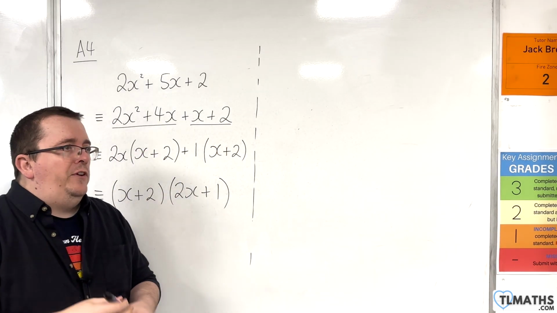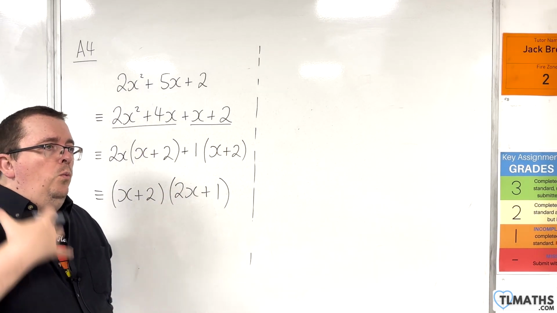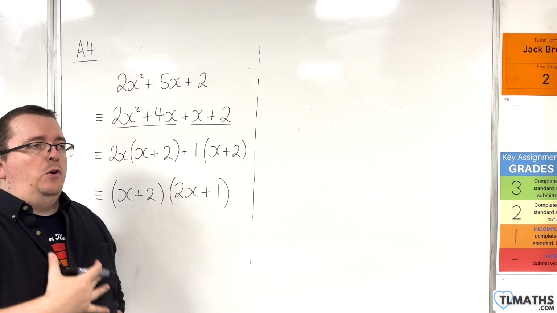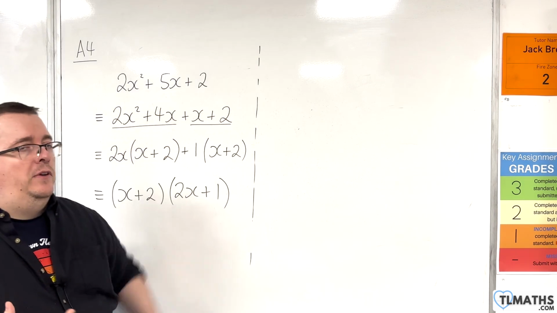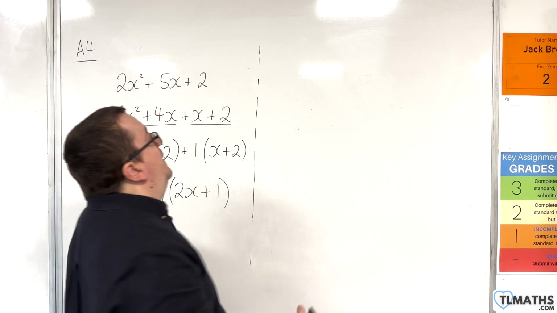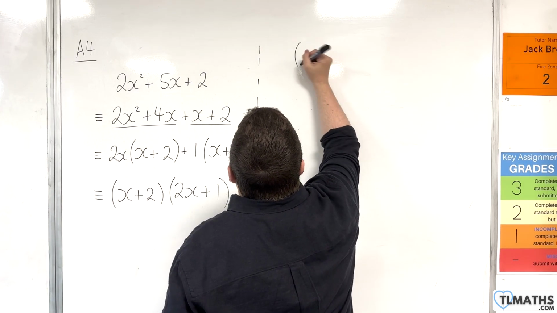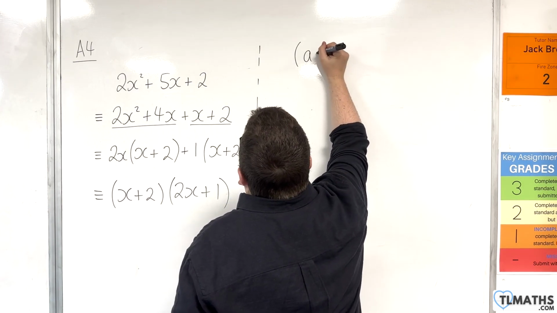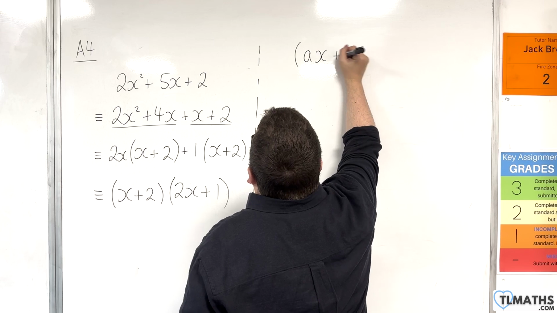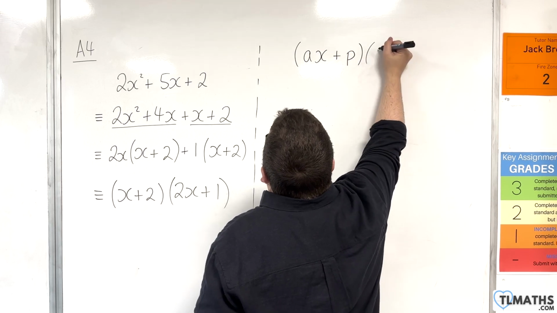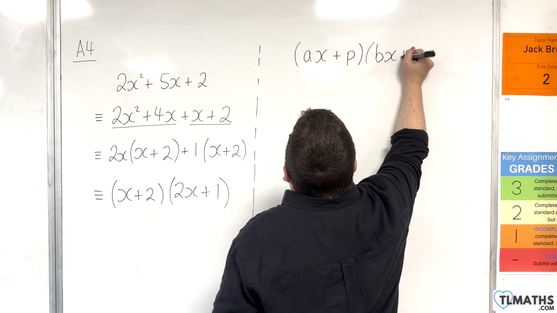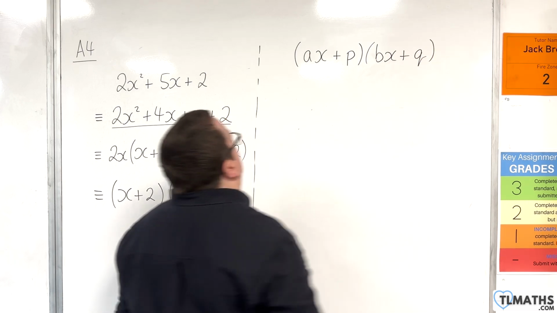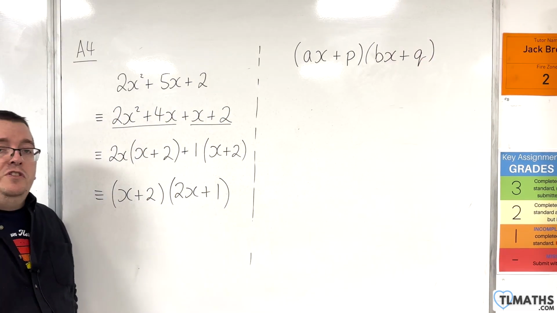And let's consider the end result. Okay, so once I've got an expression like this, my end result, I want it to factorise into a form. Let's write it as (ax plus p) times (bx plus q). Okay, that would be the end result.